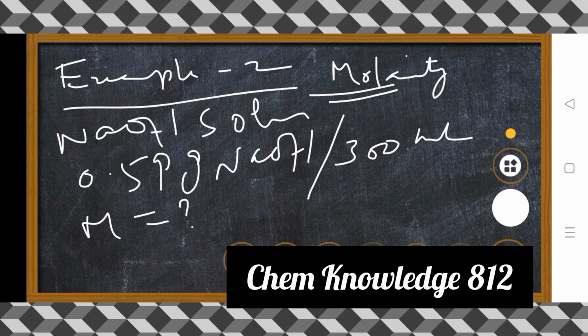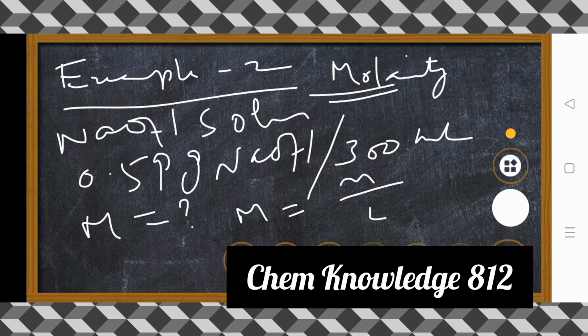In the first example, we learned how to calculate the molarity of a solution. In the same way, we can also determine the molarity of sodium hydroxide or sodium nitrate or any salt. We know that molarity is equal to the number of moles of solute per liter of solution.